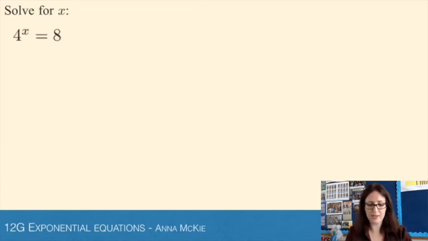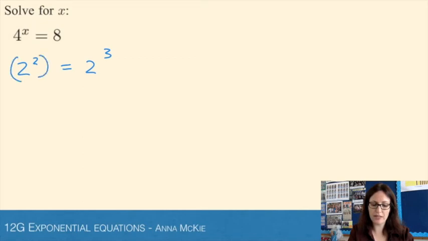Another one, 4 to the power of x is equal to 8 this time. Well, you might be saying to yourself, base 4, what could I do with the 8 for that? Well, you can't. It's going to be base 2 that you need to manipulate them both into. So 8 is 2 to the power of 3. Now the 4 hopefully you recognise as 2 squared, so we'll put that in a bracket to start with and put the x outside.